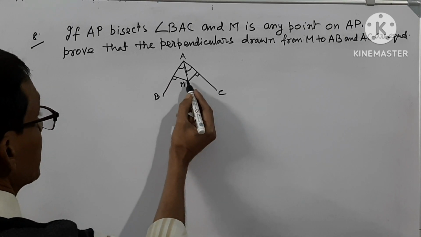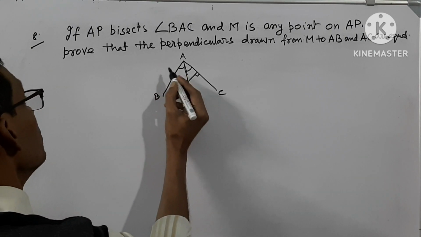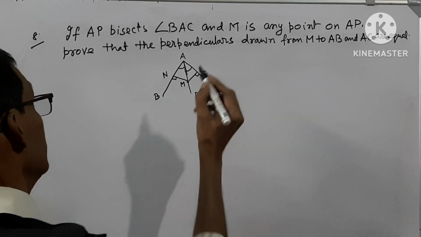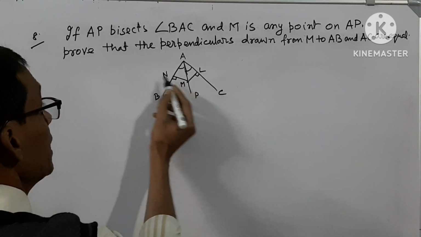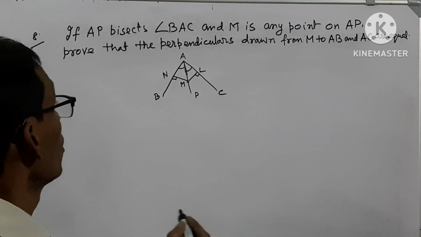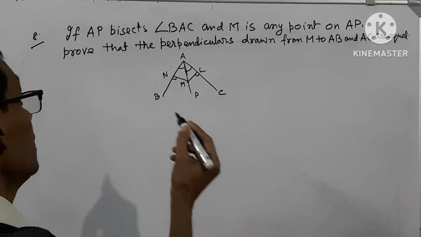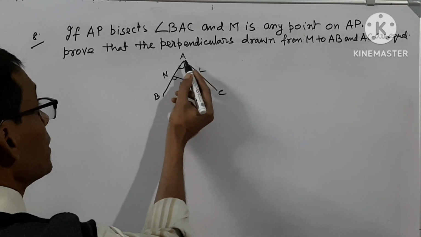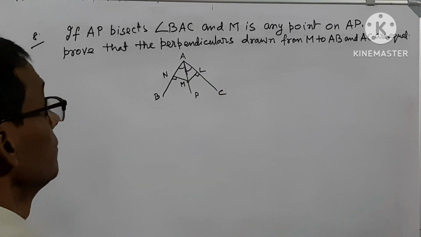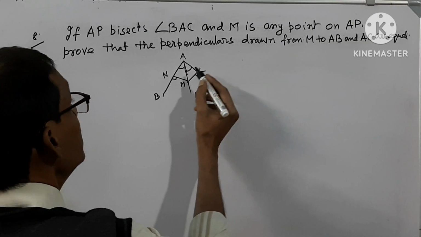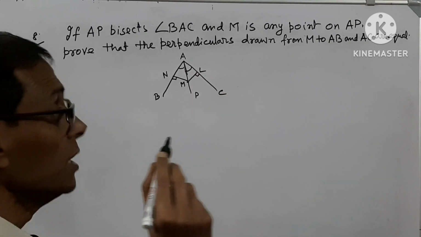Let's draw the perpendiculars and label them MN and ML. Suppose MN is the perpendicular drawn on AB, and ML is the perpendicular drawn on AC. And we have to prove that these perpendiculars are equal.